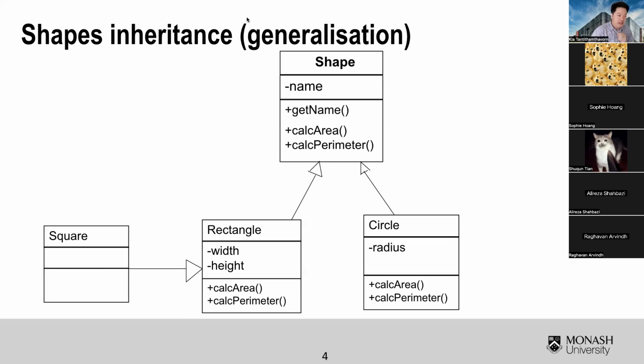These two can override the basic operation from the base class. It can have its own calculation, its own formula. All right. Make sense, everyone?